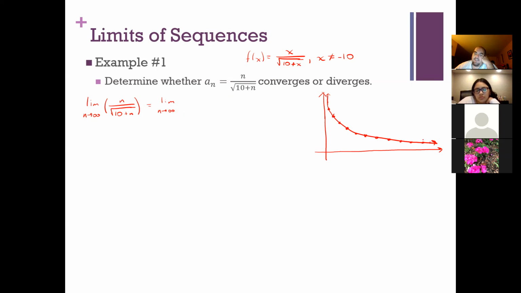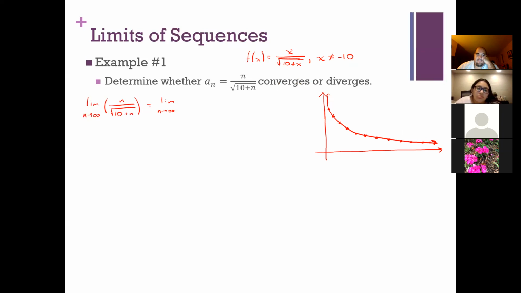But I do know that where x is an integer, the function is going to agree with the sequence. So because of that, I can use this function and L'Hopital's rule to figure out what the limit is.